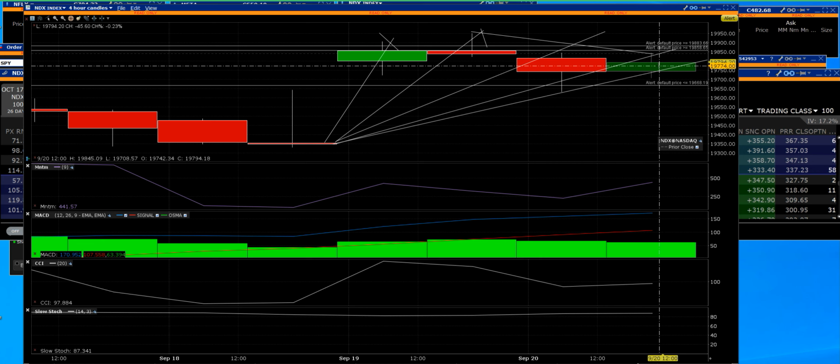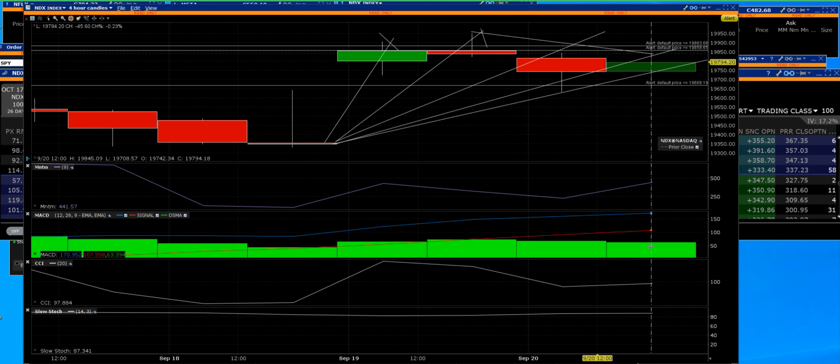We can also see that the MACD buy signal has had a very small decrease from the previous day. It was 67.9. The next 4-hourly one is 63.